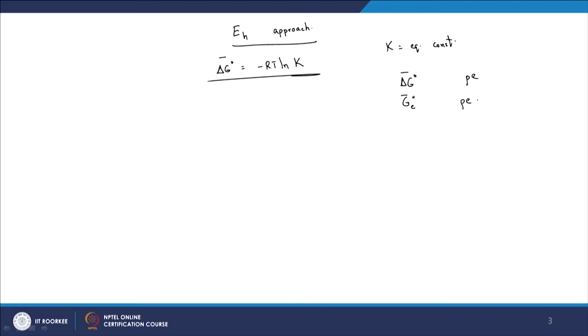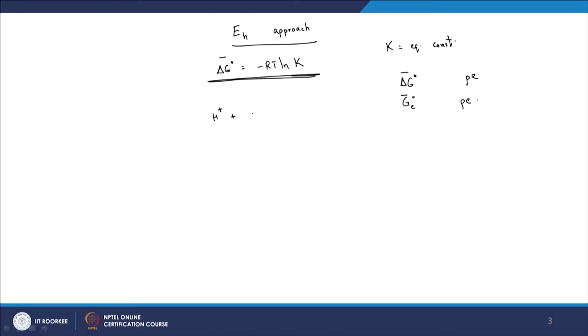If people can refresh their memory, we looked at this fundamental equation very early in the class. Let us consider this particular half reaction: H plus electron goes to half H2, where H2 is a gas. This is in general the reference half reaction, so the equilibrium constant for this would be equal to 1.